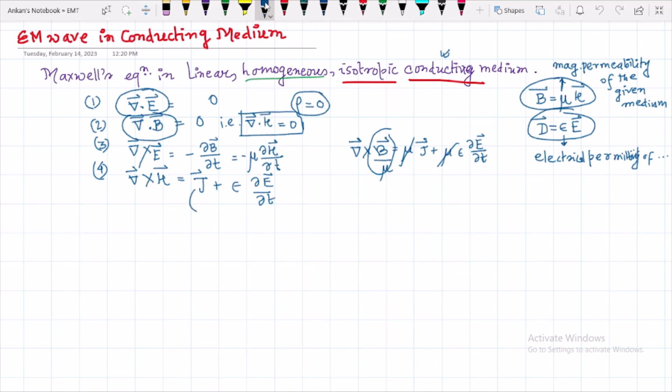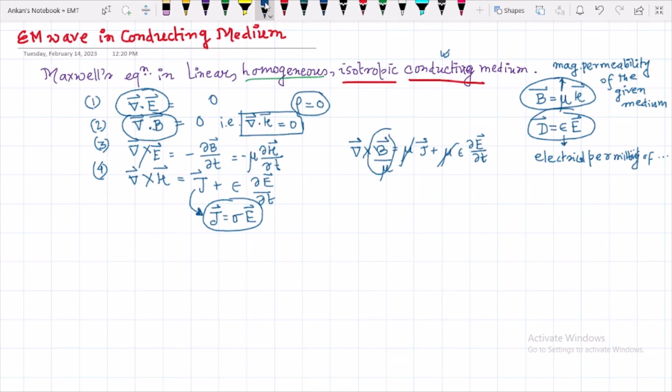Now for the conducting medium, we can say that J is related to conductivity and the external electric field. From which relation is this true? From the differential form of Ohm's law, sorry, the vector form of Ohm's law.